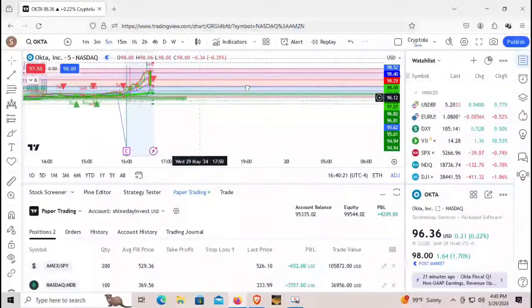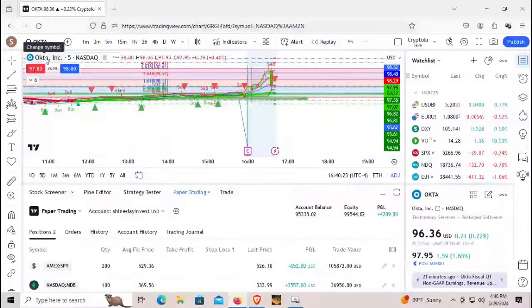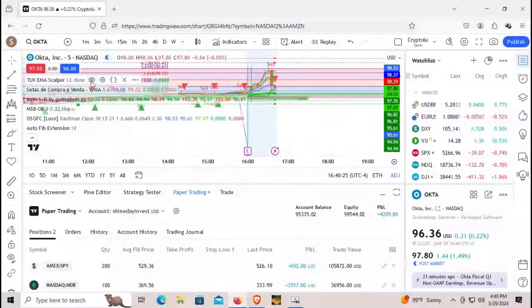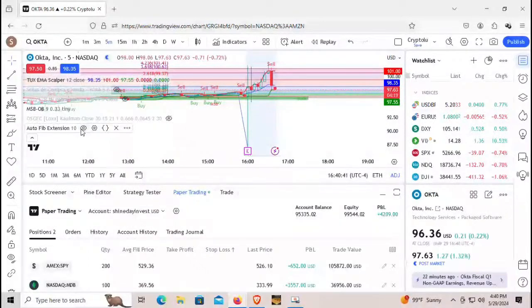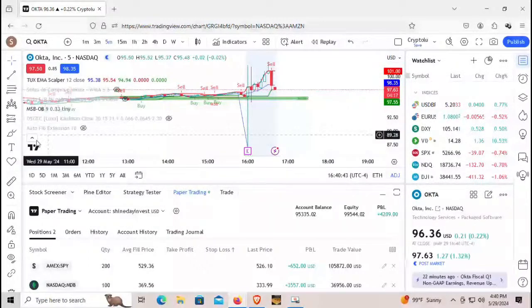So as you can see here, let's take a look. Let me redo everything over again. Come on, computer sometimes doesn't want to help me. I'm going to leave that one. Take this one off, take the Fibonacci off.